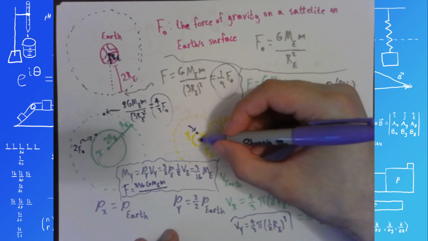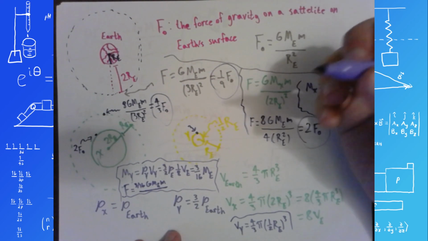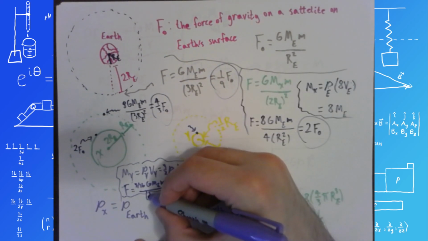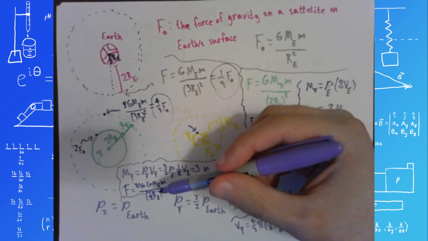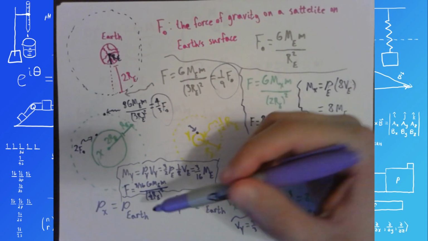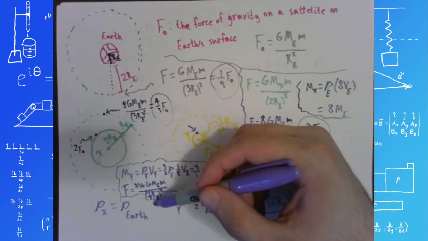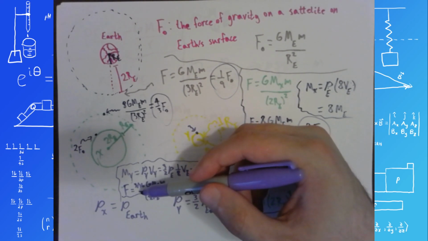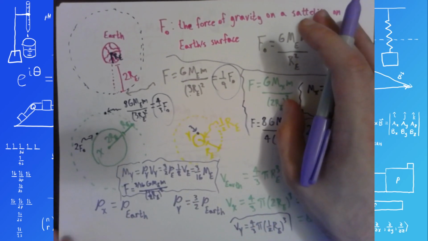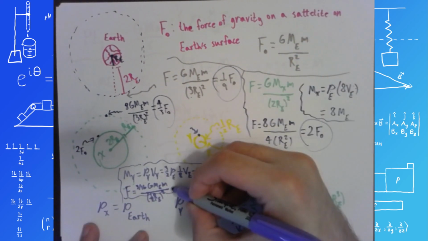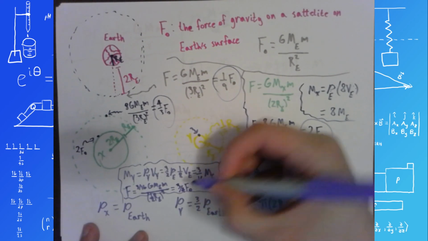Its distance from the center of mass is just the radius of planet Y, which is 1/2 the radius of Earth, so over 1/2 radius of Earth squared. Okay, and if you square a 1/2, it becomes a 1/4. 3/16 divided by 1/4 is the same as 3/16 times 4, which is 12/16, which is 3/4. So this reduces to 3/4 of F0.